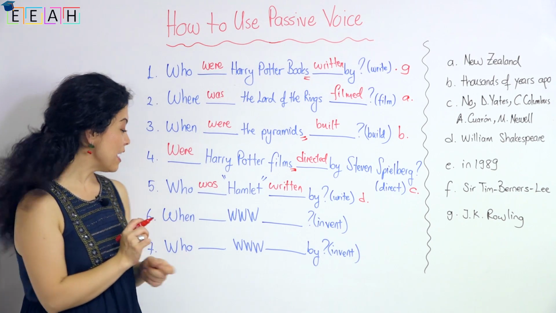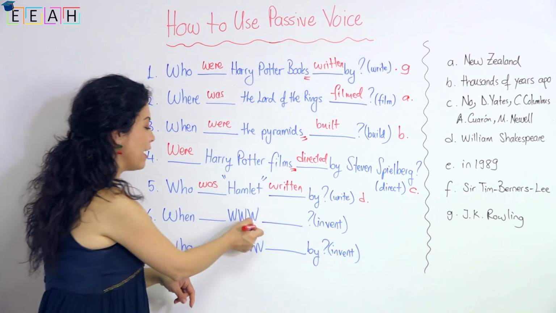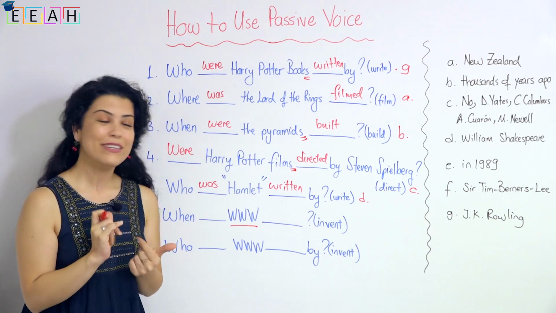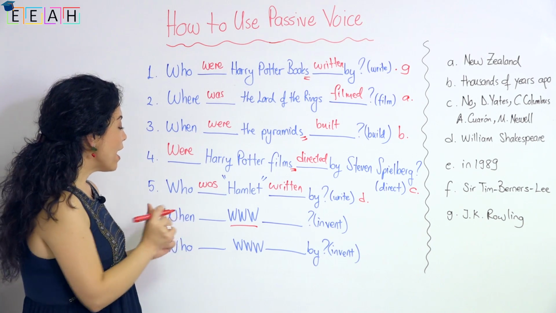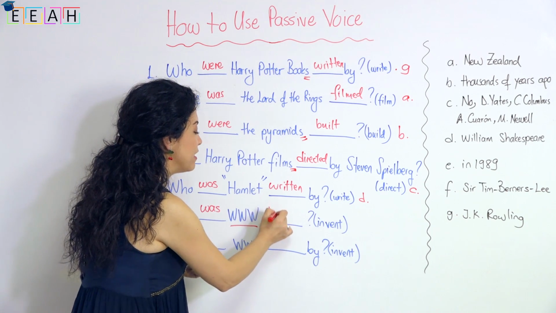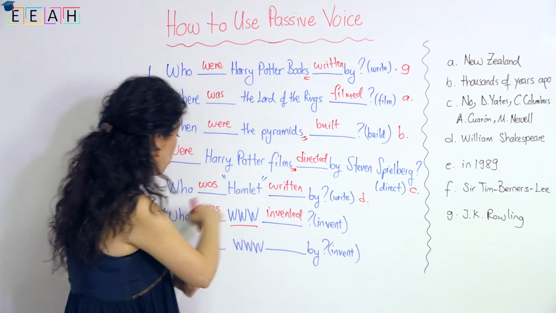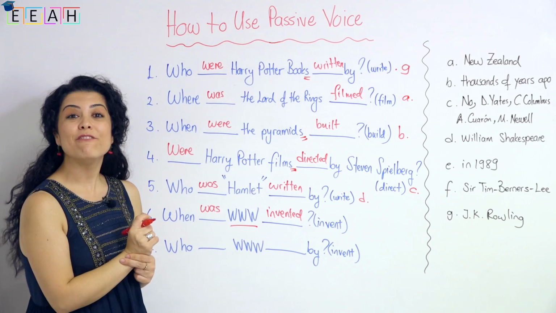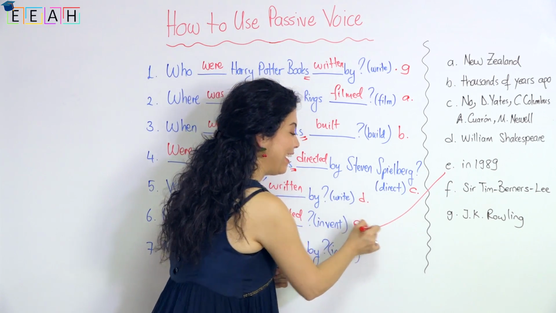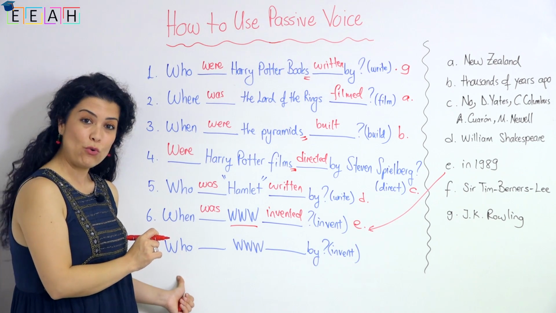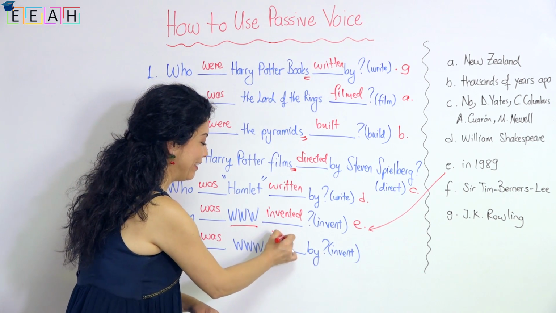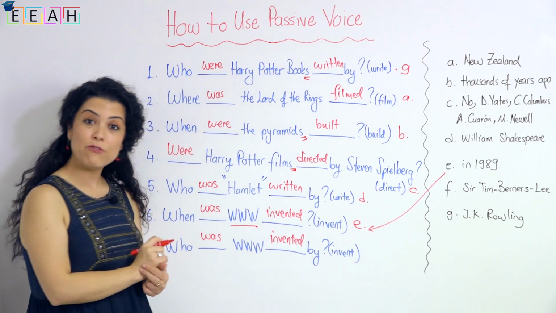Nice. Question number 6. What are we looking at? World Wide Web. Okay, World Wide Web. So when was World Wide Web invented? When was it invented? It was invented in 1989. Okay, 1989. Cool. And who was it invented by? Who was it invented by?